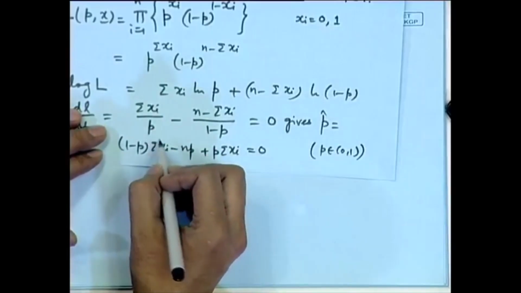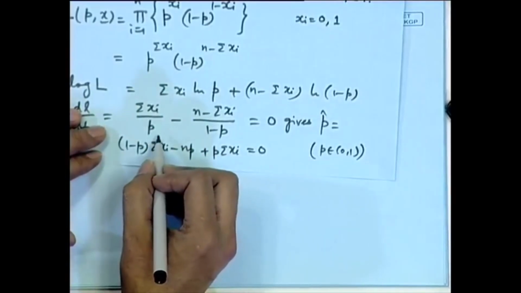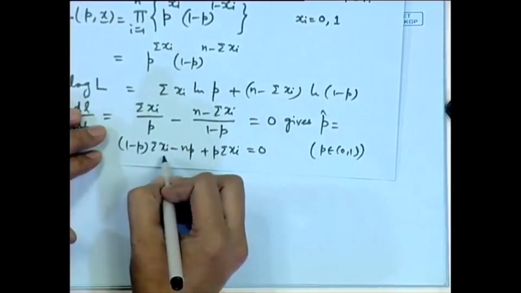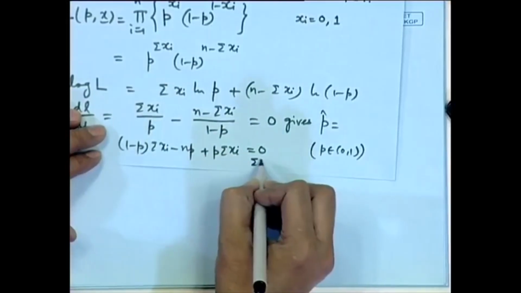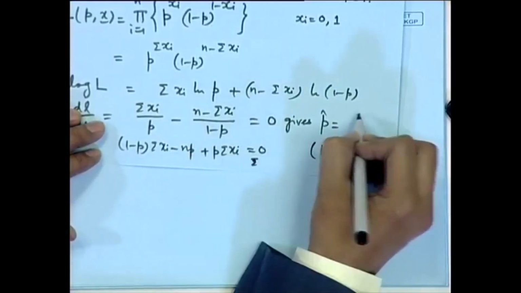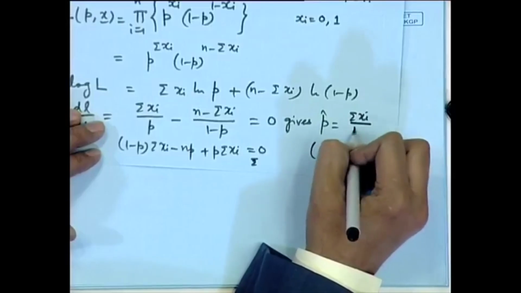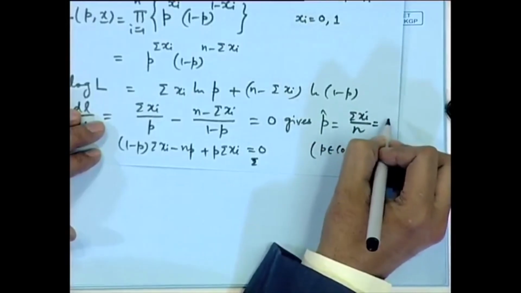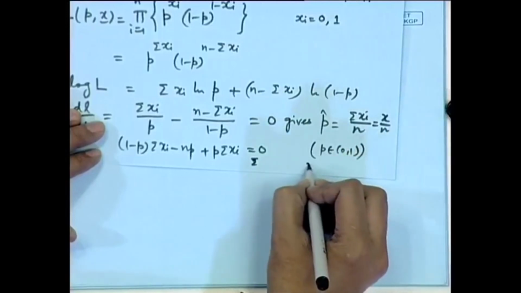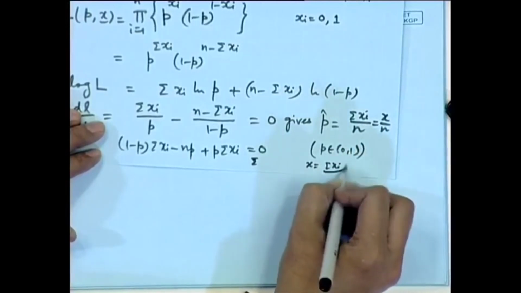We can take the cases p equal to 0 and p equal to 1 separately. So, this becomes sigma xi minus n p equal to 0, that means p hat is equal to sigma xi by n, which I can call x by n, where x is the sum of the xi.